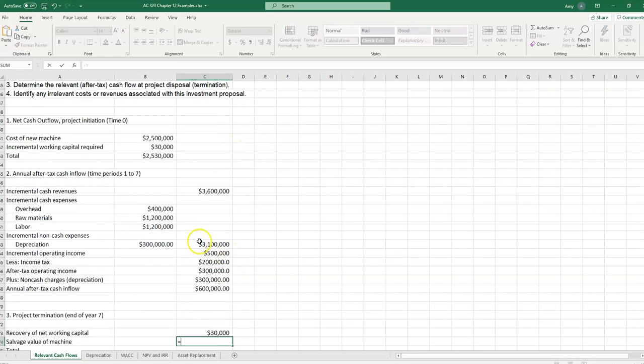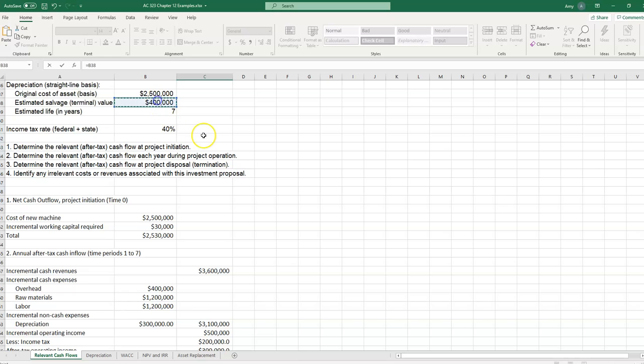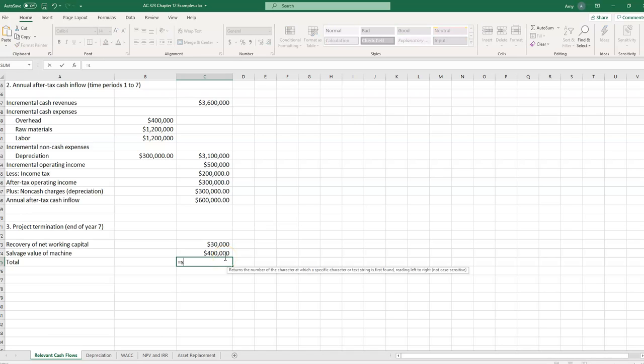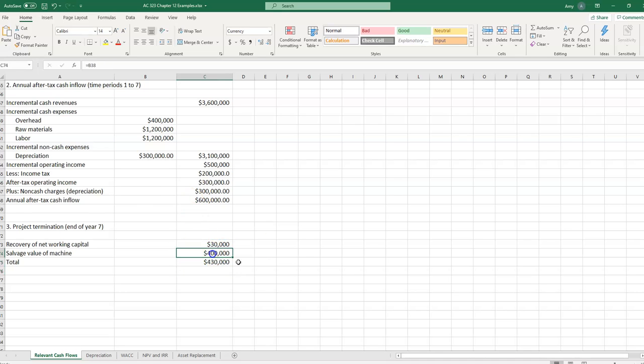And we have the salvage of that machine of $400,000. So our total recovery in year 7 is $430,000. So those are the relevant cash flows for that decision.